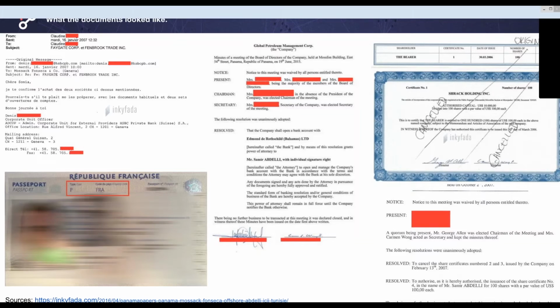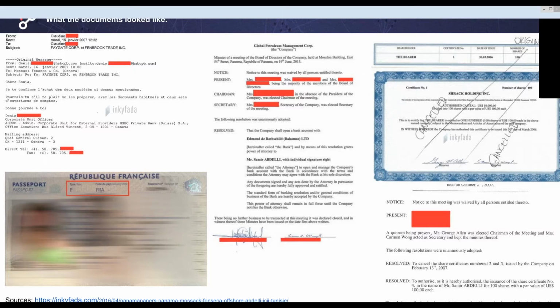So here is an example of what the data looked like. It was very much a trove of different data sets of very valuable intelligence about the world of offshore banking. And here we can see on the top left an email.